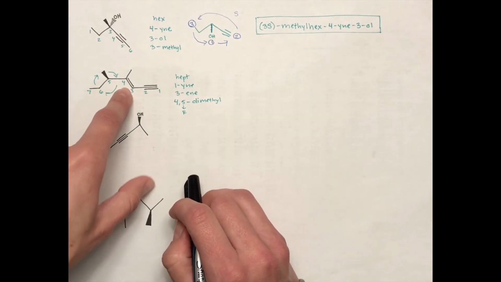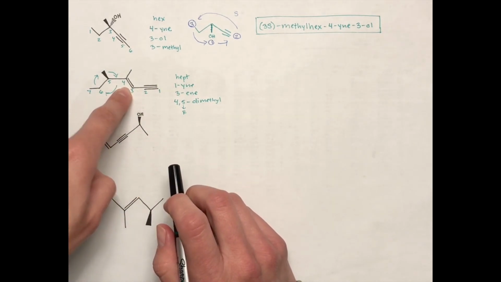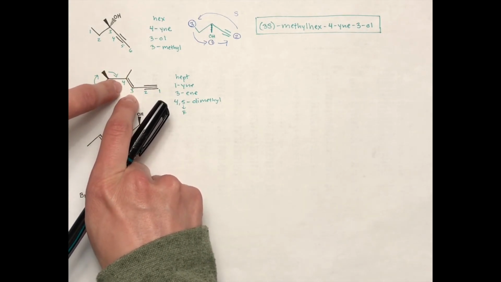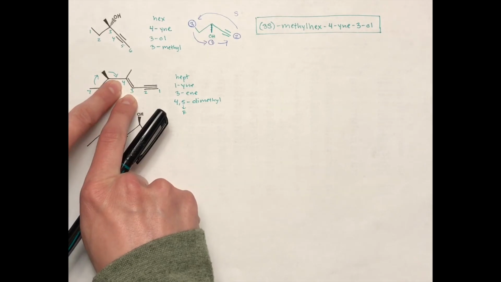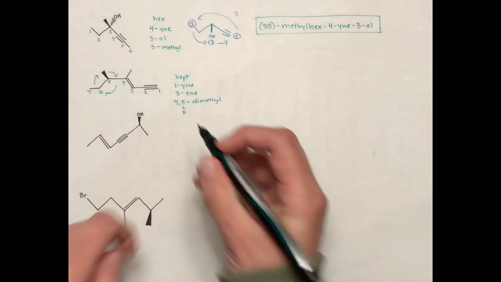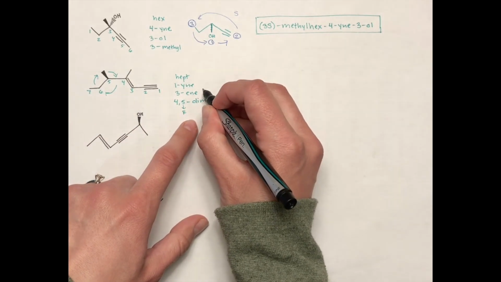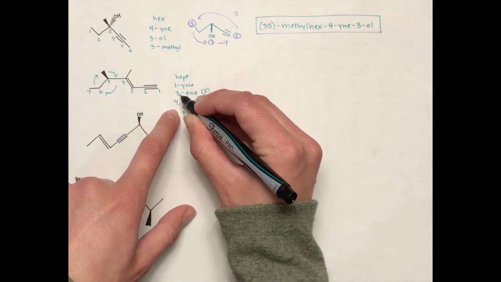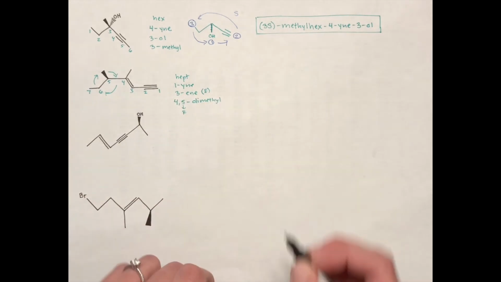You can see that our substituent groups off of carbon 3 and carbon 4 are going to be on opposite sides, so E. So I'm going to put a little parenthesis right here, E. It's not where you label it, but just know that the 3 double bond has an E.